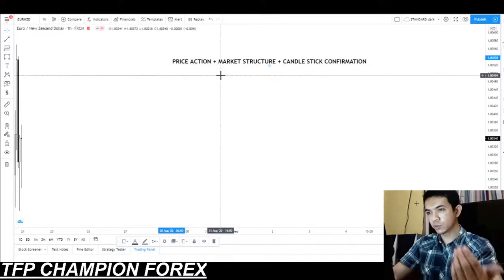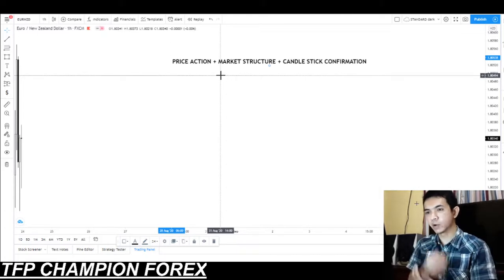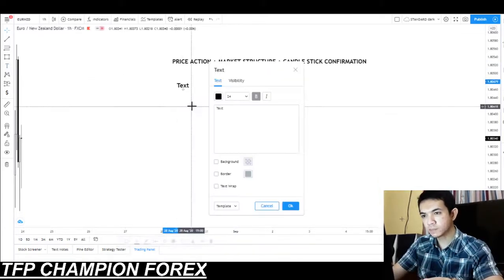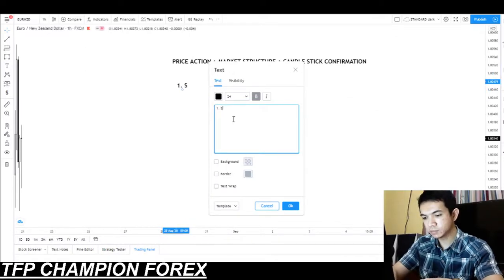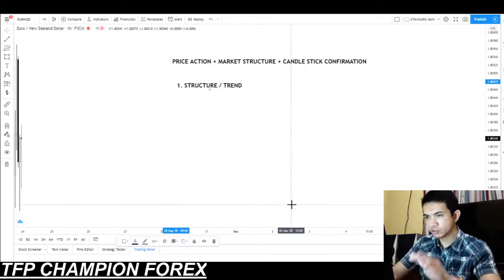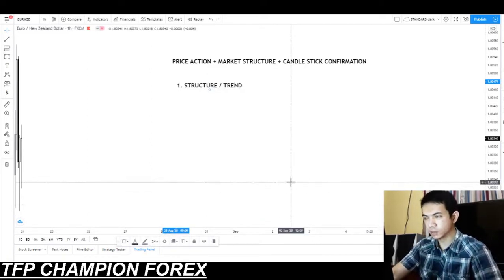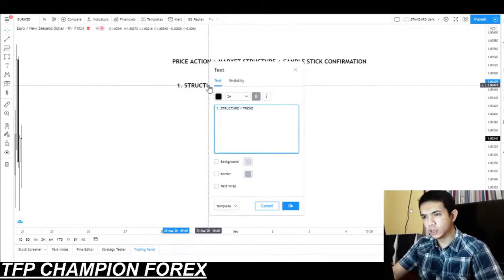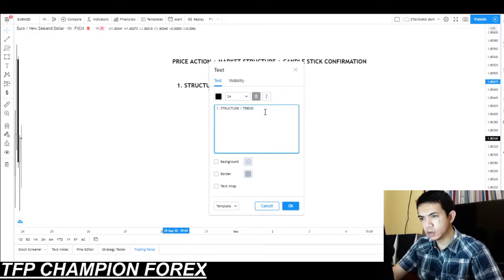Right. So what are the questions that I normally ask myself prior to entering a trade? So first thing, I always ask myself, right, what is the structure or trend of the market? So it normally consists of three levels.